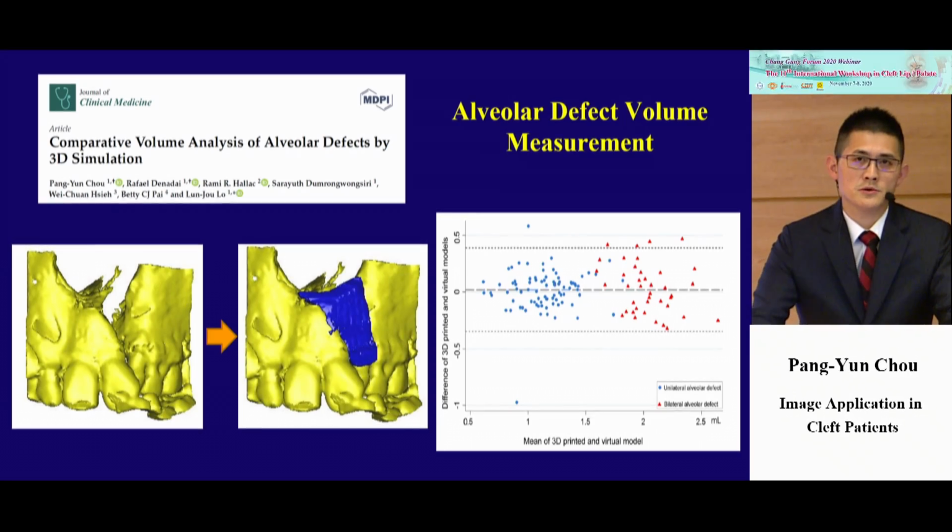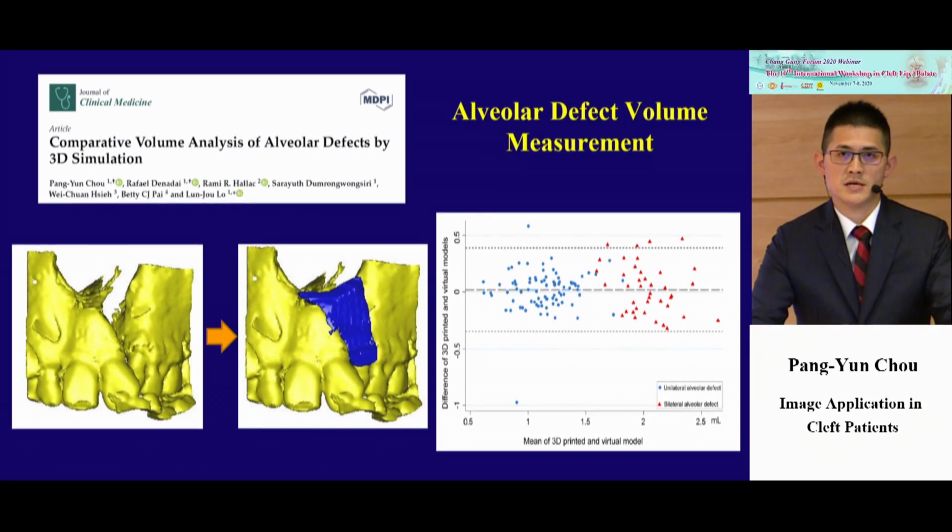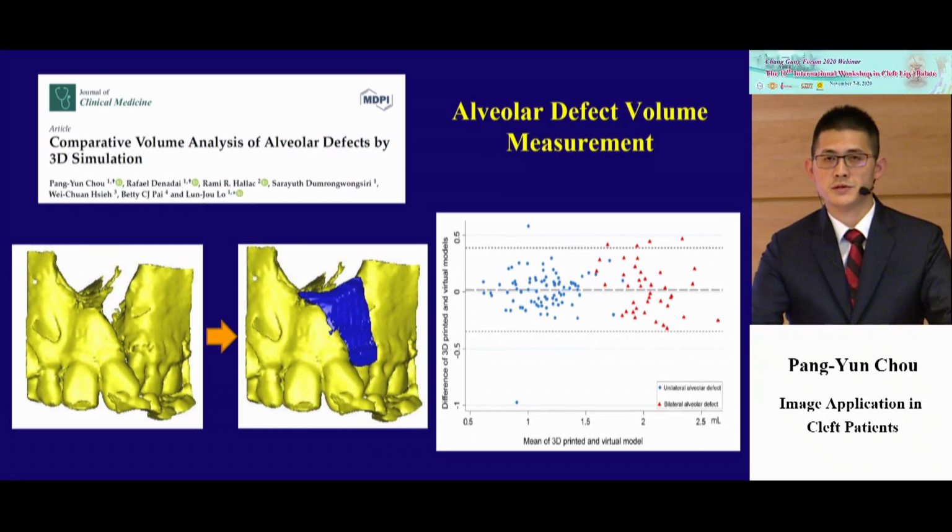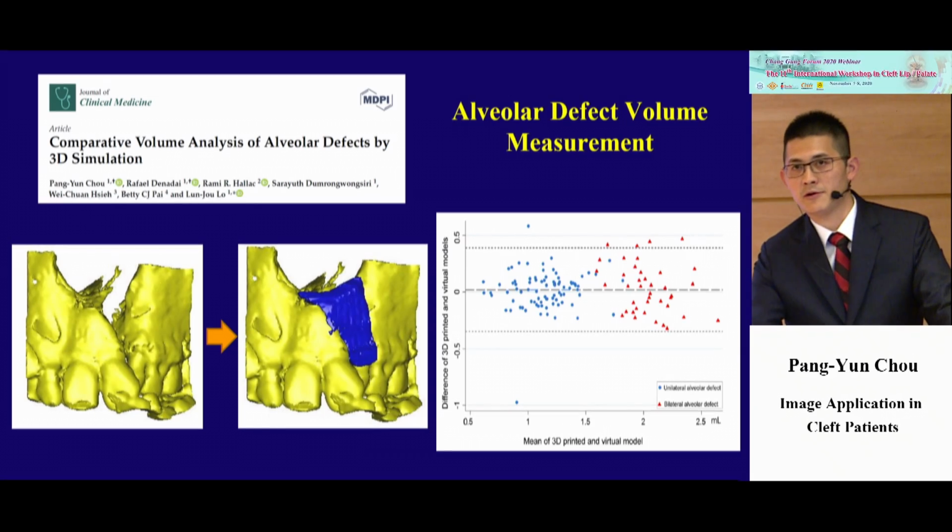So according to this, the literature suggests that in the future, the volume of bone graft you harvest is at most 1.5 milliliters for unilateral cases, and at most 2.5 milliliters for bilateral cases.